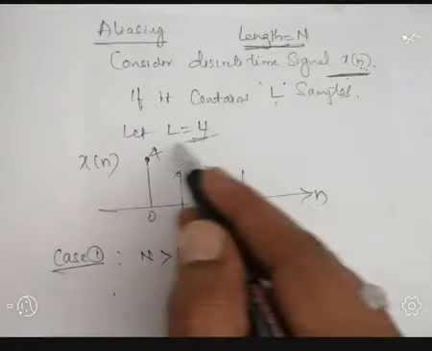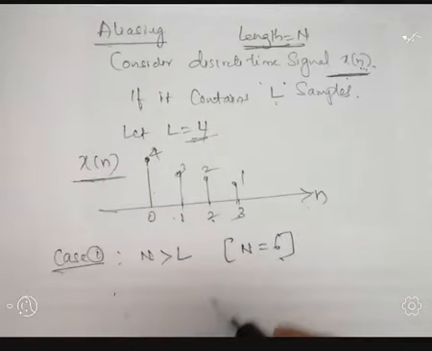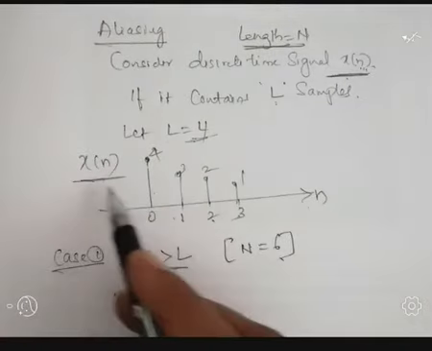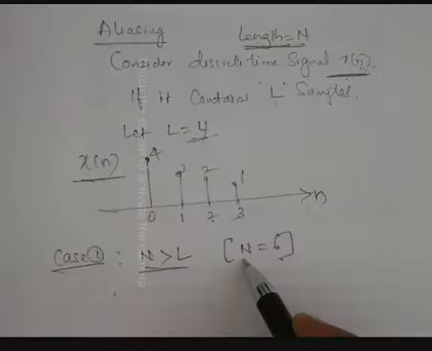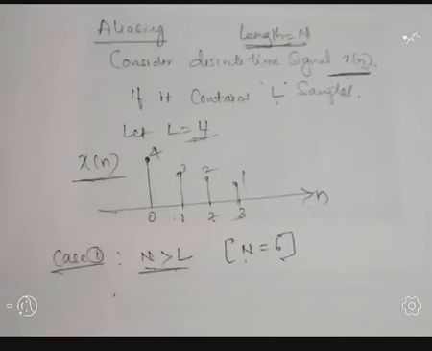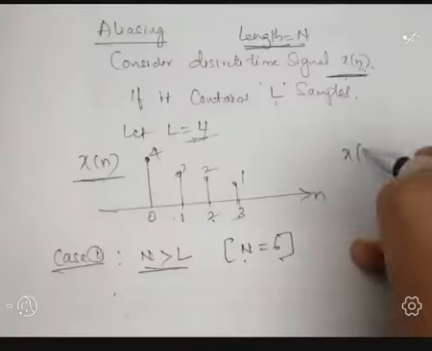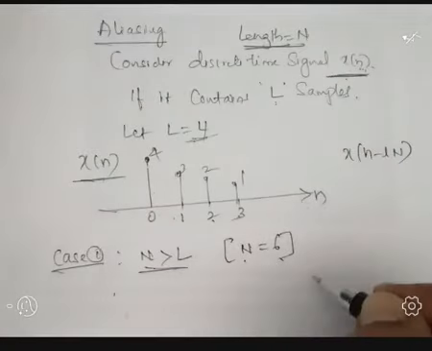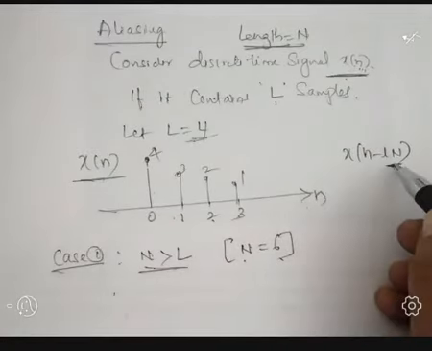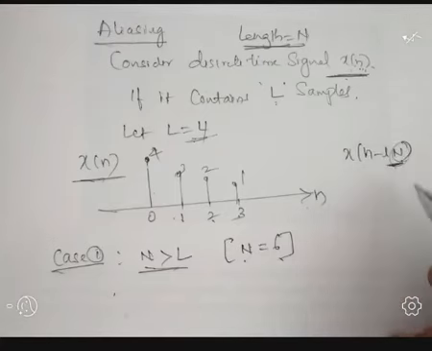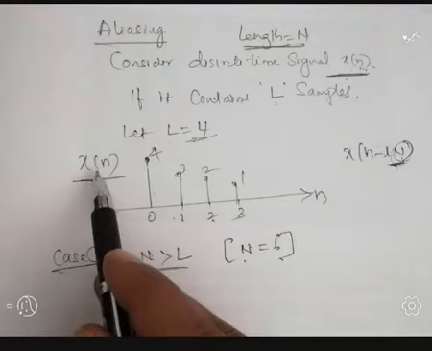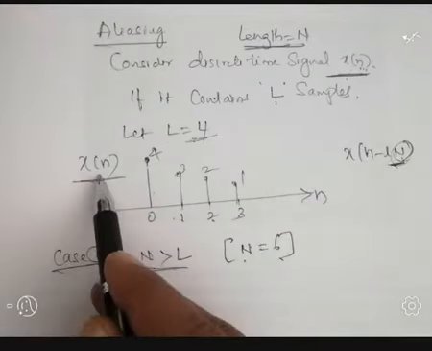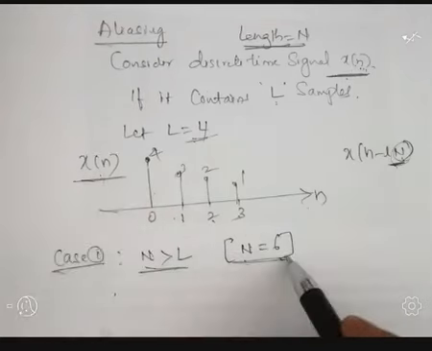So this signal x of n is going to repeat after N samples. If this length of the period is greater than the number of samples present in this sequence, the sequence x of n is going to repeat itself after every 6 samples.